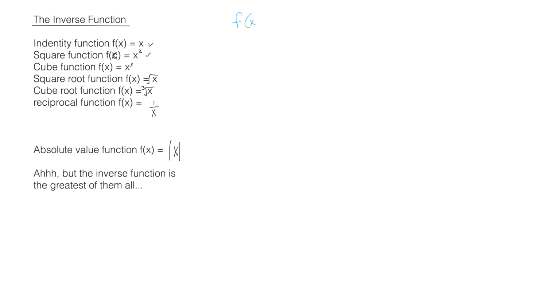f of x equals x cubed minus 8, because not every time it's x squared. I substitute f of x for y equals x cubed minus 8. I switch positions with the x and the y.